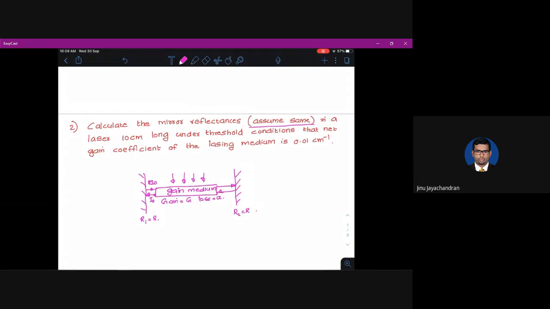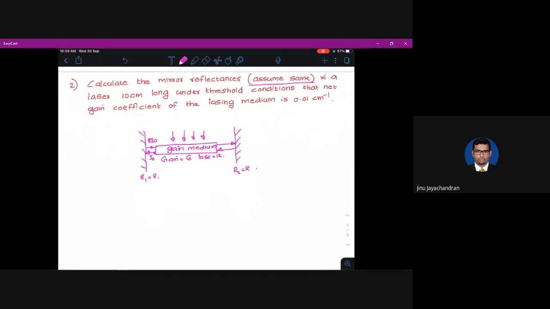We found that under the threshold condition, the total gain should be equal to the total loss. Then only the oscillations will happen. So at the round trip, when the light starts from I0 and comes back to I0, whatever gain has occurred should be equal to the intensity I0.